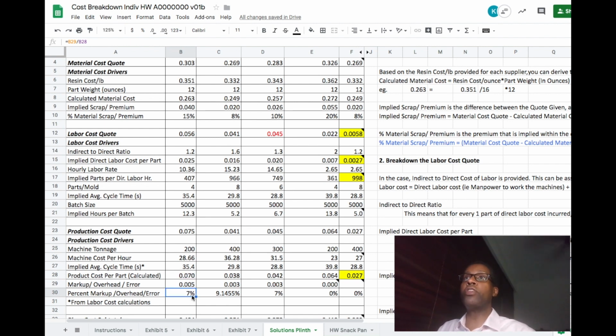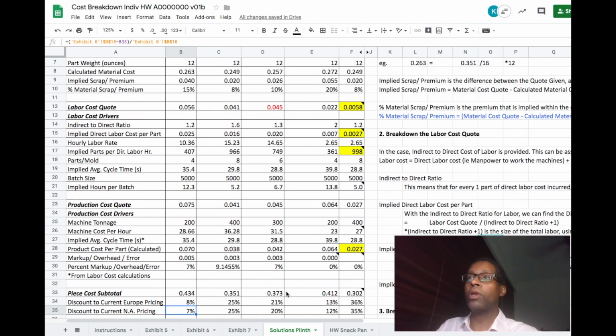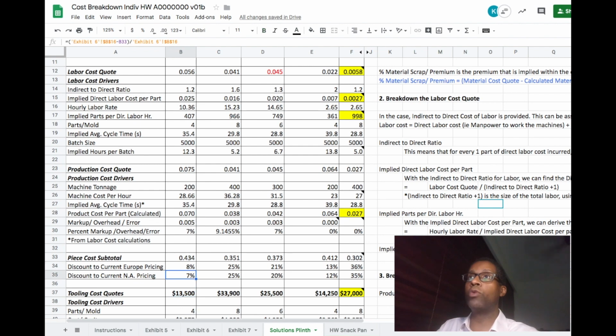So we see a couple interesting things, an overhead or premium here, and scrap, which is 15%. They're giving us a little bit of a markup or overhead or error conditions here in terms of production. Now let's keep going. So the piece cost subtotal, again, was given to us here, and was the sum of these 3 things here. We see the sum here is exactly that.